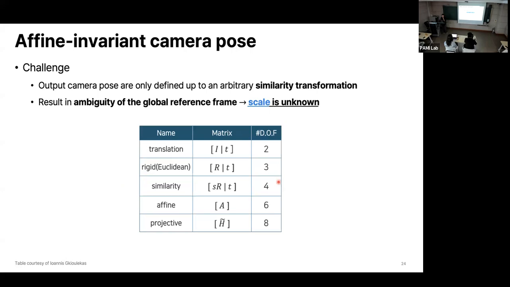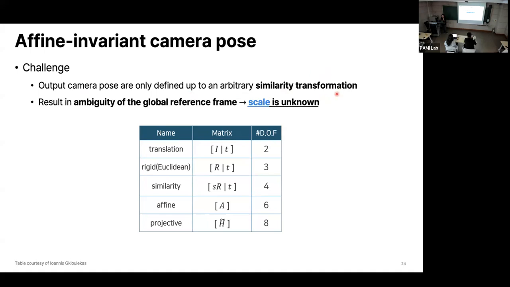So the previous one is for the point map prediction, and the next one is for the camera pose prediction. For the camera pose prediction, they also have some scale ambiguity. Our camera poses are only defined up to an arbitrary similarity transformation.